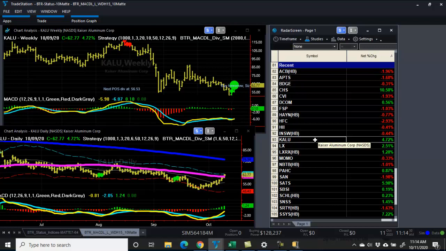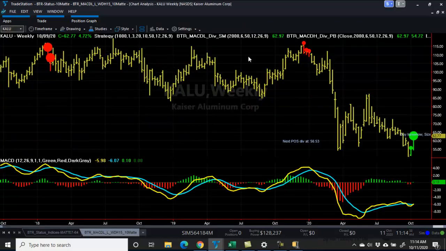Looking at this chart pattern on the weekly chart, I can see how the price came slamming down here, found some support, drove the MACD lines all the way down, had a bounce, and now is coming back up. The key question for anybody interested in this stock is: is this going to make a double bottom W pattern, or is this just a bounce and now it's going to continue down?